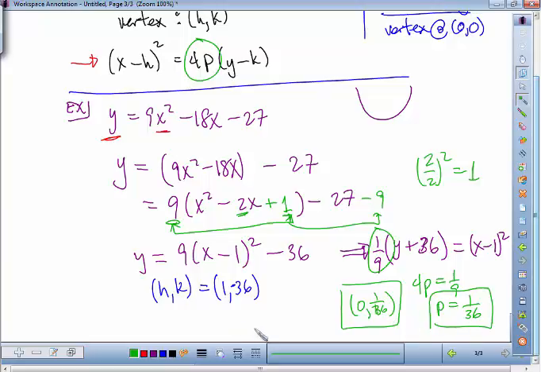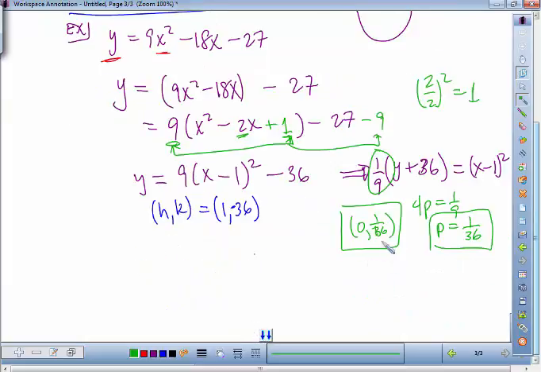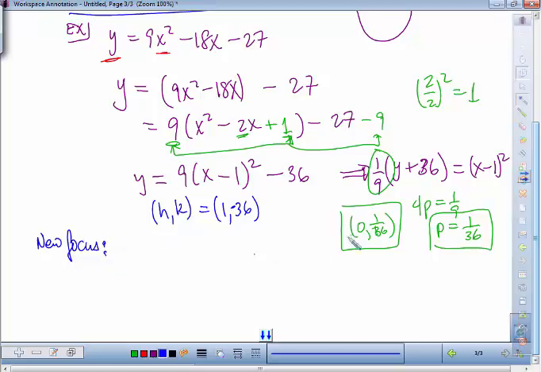So what do we need to do to the new focus point? The focus has to take into consideration the shift, right? The focus is a point that got shifted in the x direction and in the y direction, so the shift has to happen for both the x and the y.